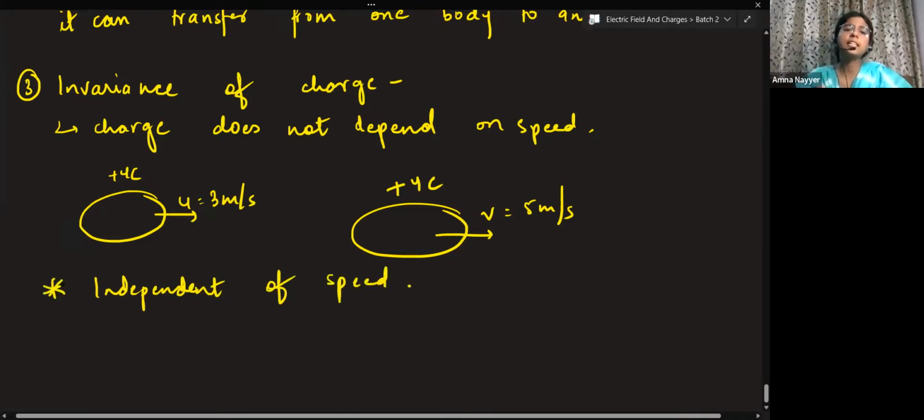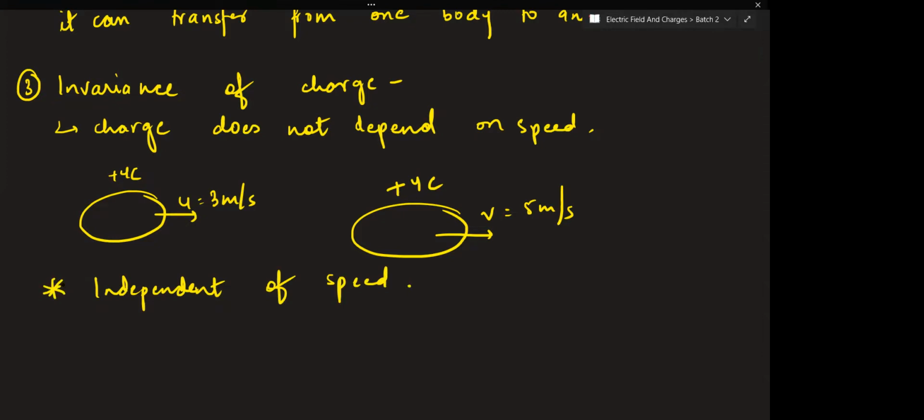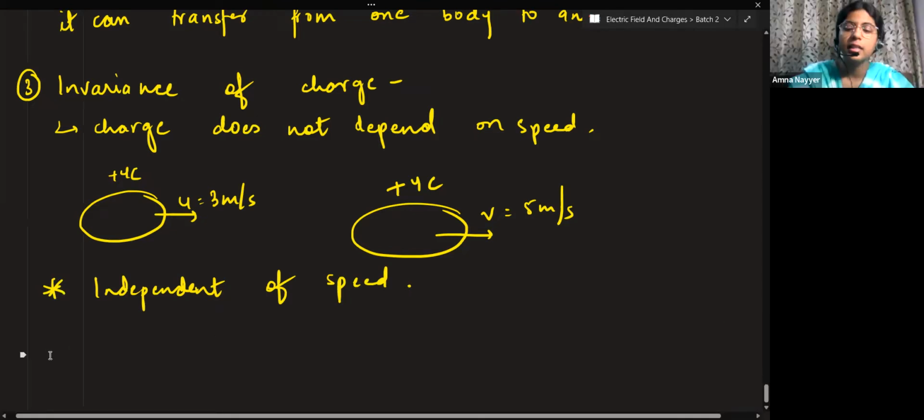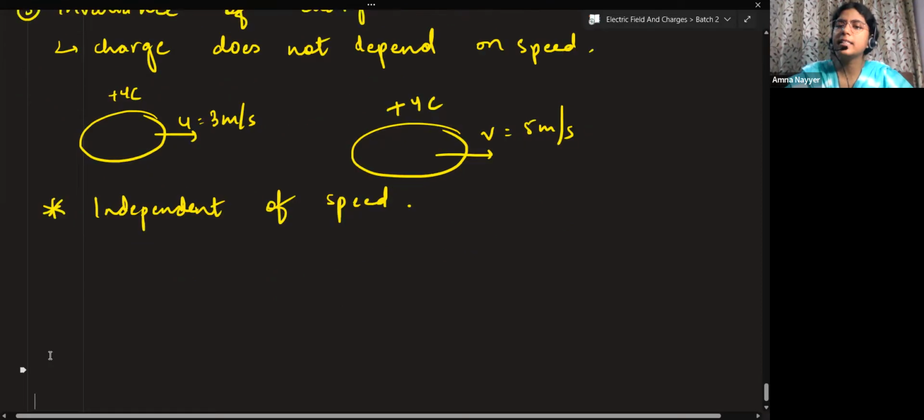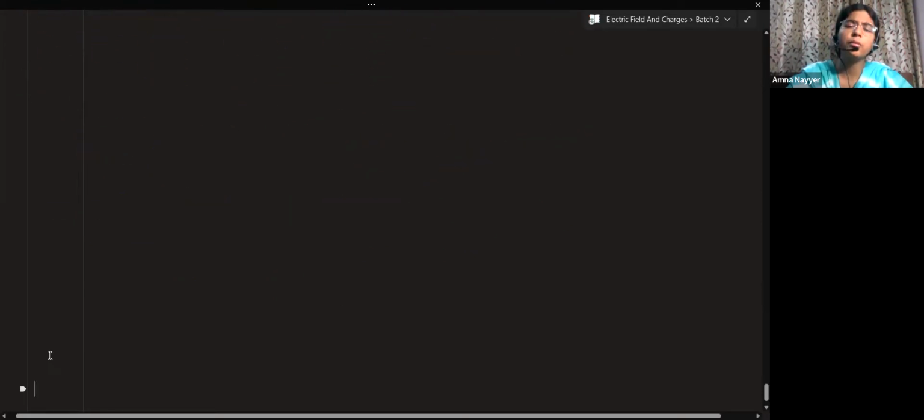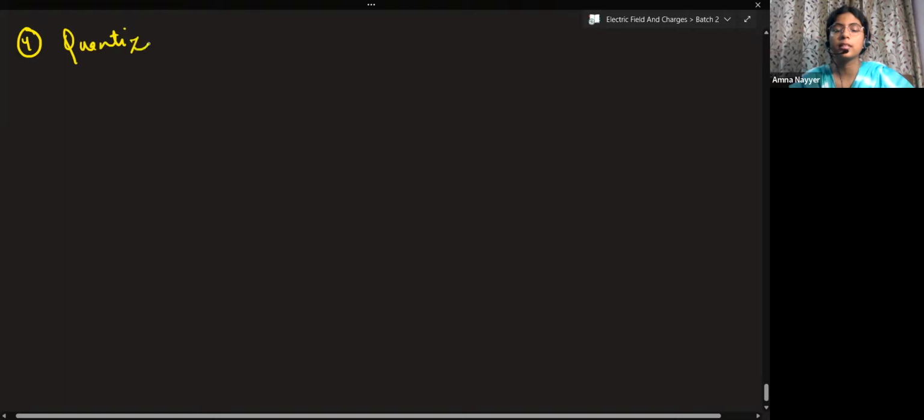Is it clear till here? Are these 3 basic properties clear? Then we have the 4th property, which is very important. If you have any doubts till here, just ask me. These are the basic properties. From here, only the theory part comes. You have one more property, that is quantization of charge, and this is the most important property.